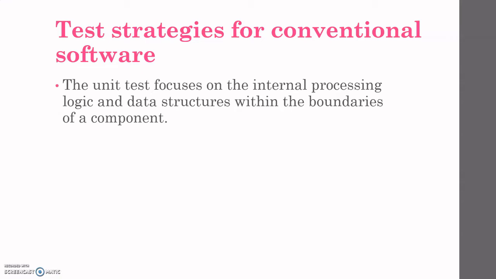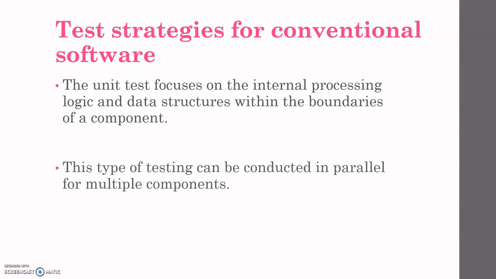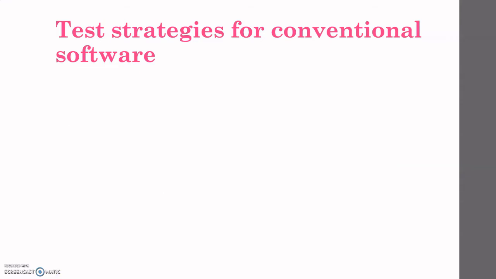Unit test focuses on the internal processing logic and data structure within the boundaries of a component. This type of testing can be conducted in parallel for multiple components. So at a time, in parallel, we can test multiple components using unit test. Here local data structures are examined to ensure that data stored temporarily maintains its integrity during all steps in an algorithm's execution.